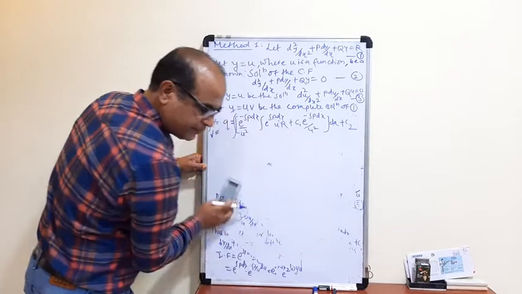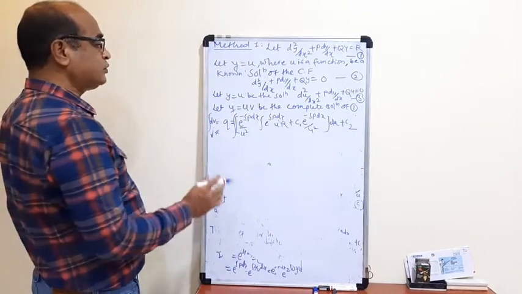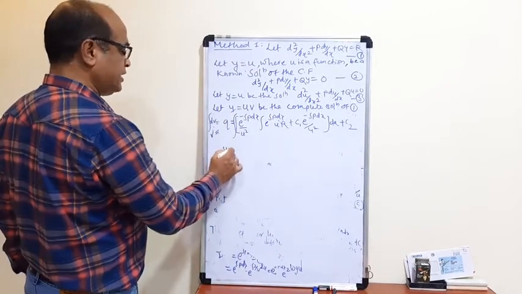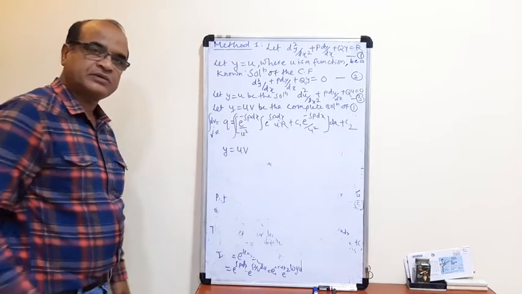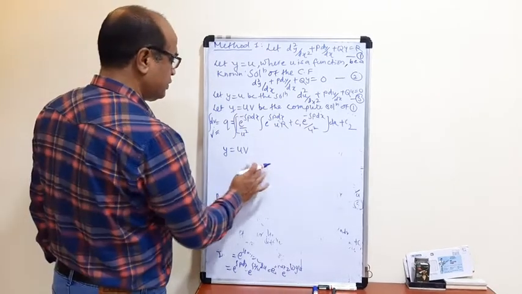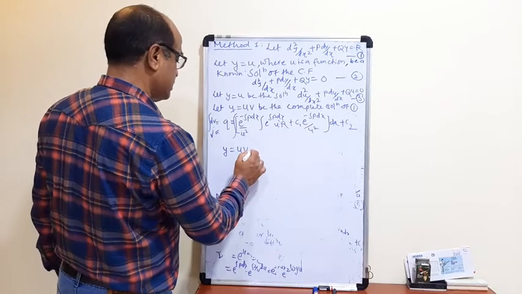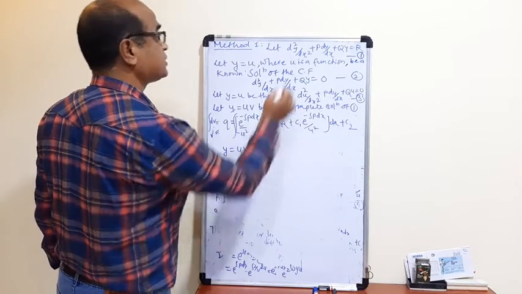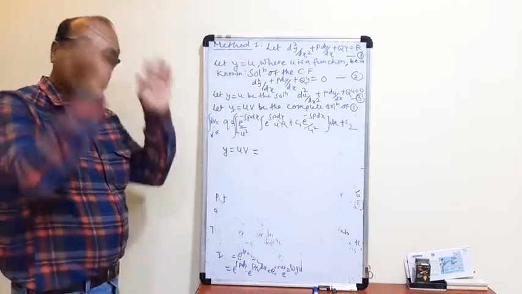So what is the complete solution? Y is equal to uv is the complete solution of the differential equation. But u is already known.